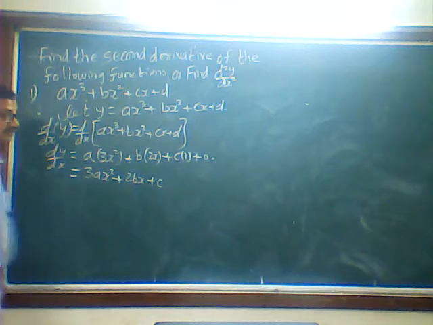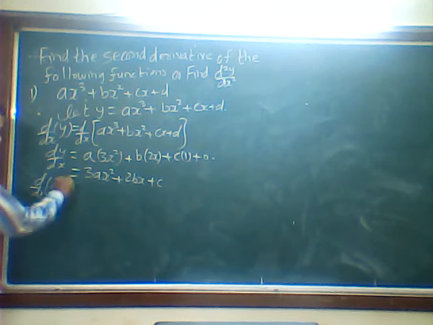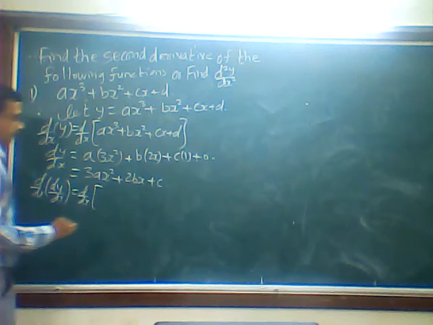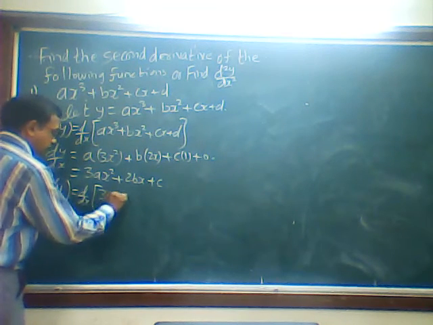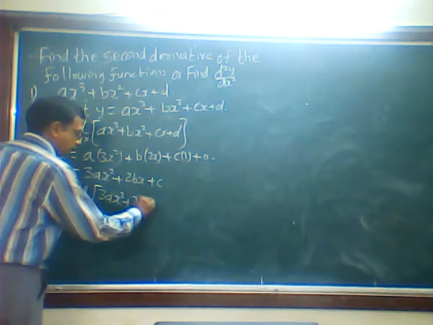Now the question asks the second derivative. Again I have to differentiate: d by dx of dy by dx is equal to d by dx of 3ax square plus 2bx plus c.